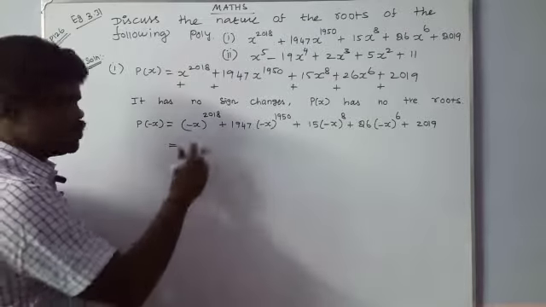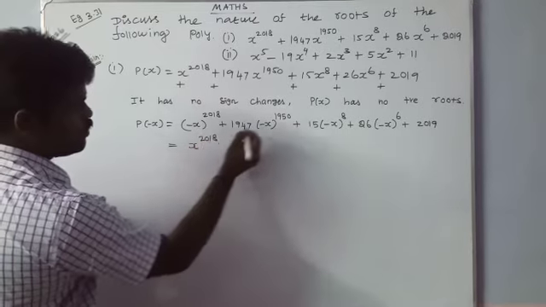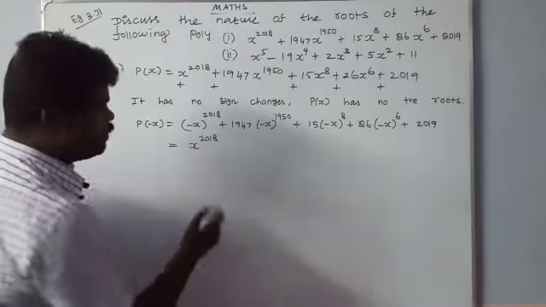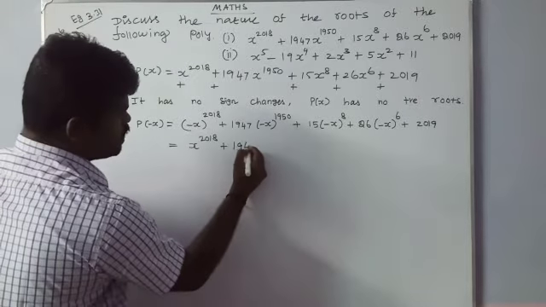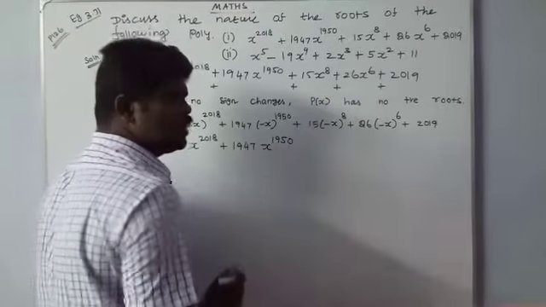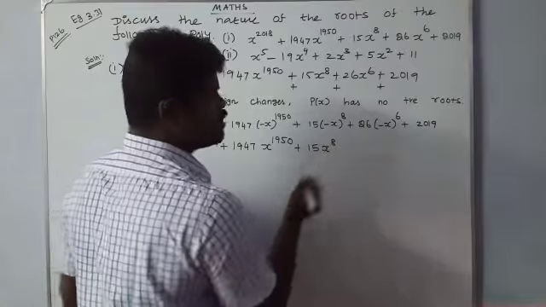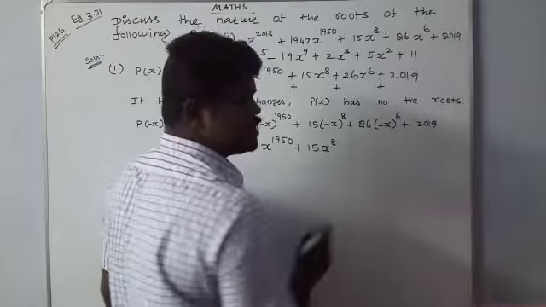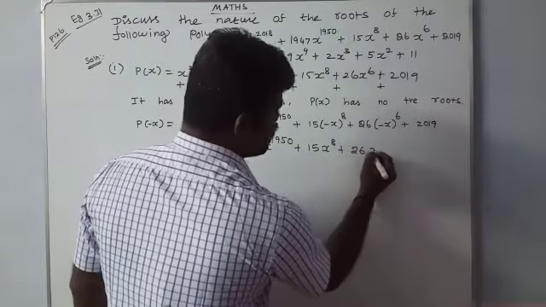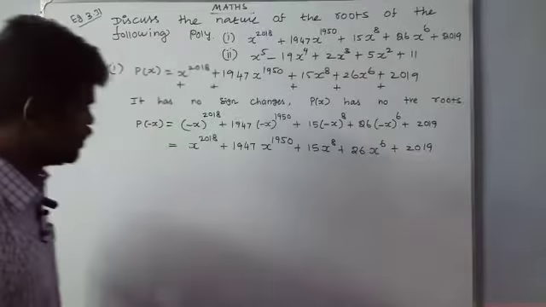Here the exponent is an even number, so minus will be plus: x power 2018. Here also even, so negative will be positive: plus 1947 x power 1950. Here also even, so plus 15 x power 8. And here 6 is also even, so minus will be plus: plus 26 x power 6 plus 2019.